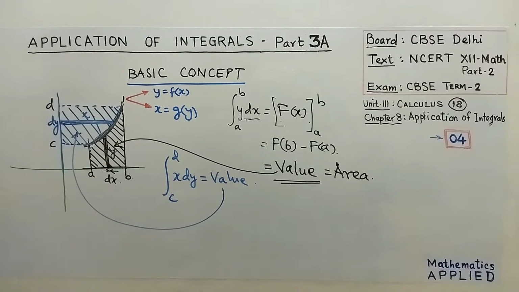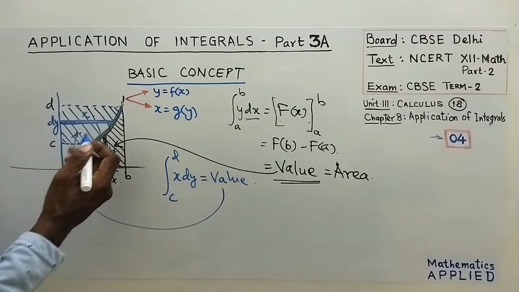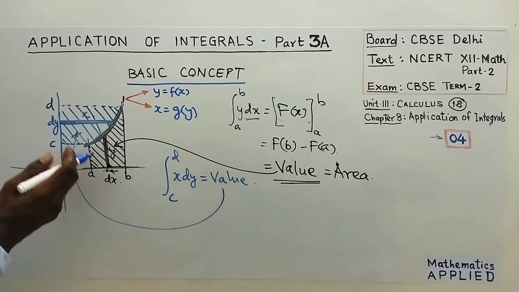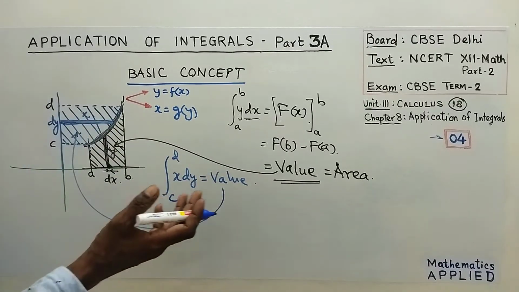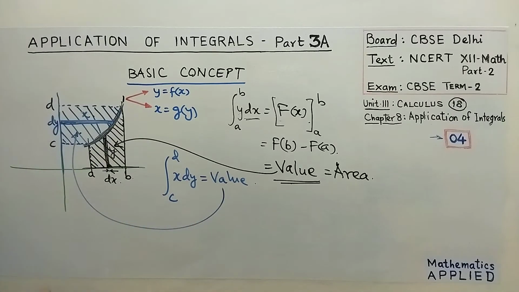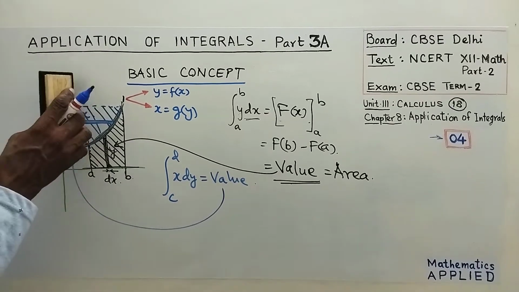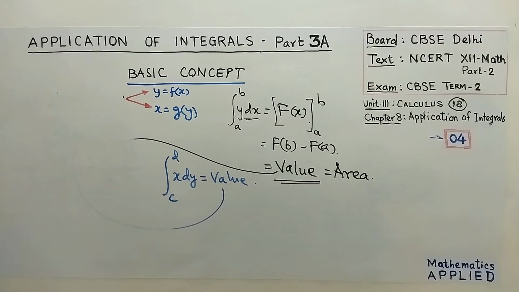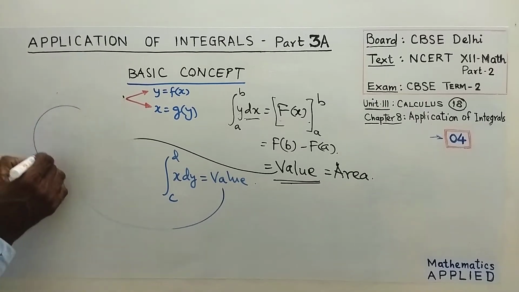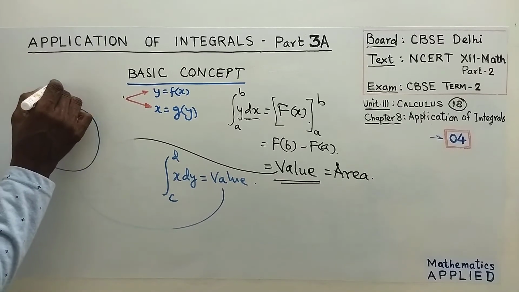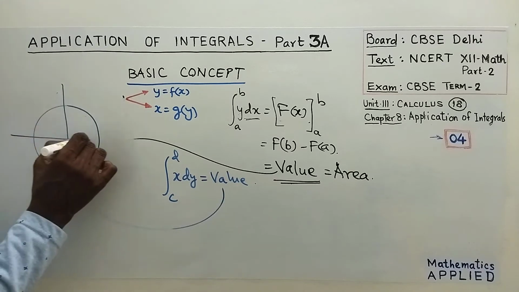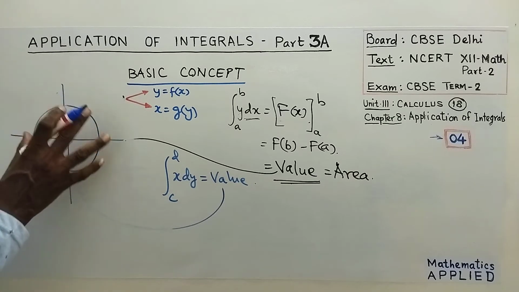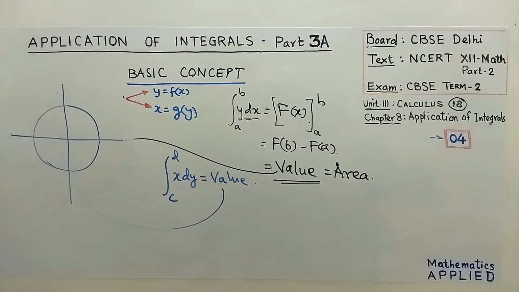Now this curve can keep on varying. As you have seen, there are some objects: line, then a circle, parabola, you have ellipse, right? All these objects are going to have some curve. For example, if you are asked to find the area inside a circle, what you do is you logically construct a circle like this, and we know only this type of circle is going to be the content of this chapter, right?